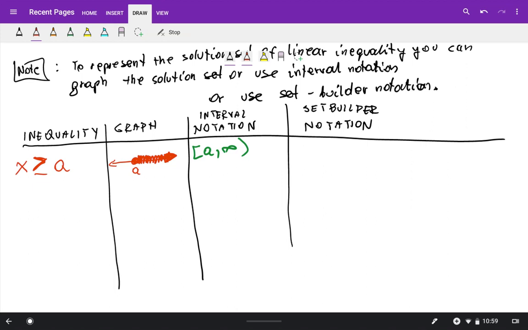And set builder notation, fancy parentheses, I call them. The solution set are all the x's such that, that straight line you read as "such that", x is greater than or equal to a. So this is set builder notation.